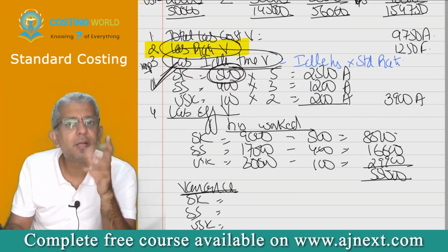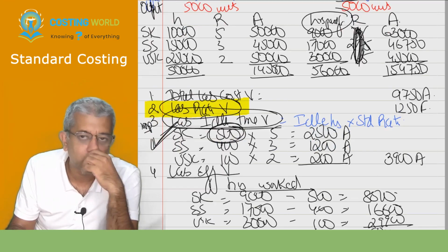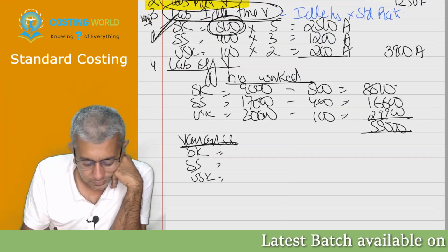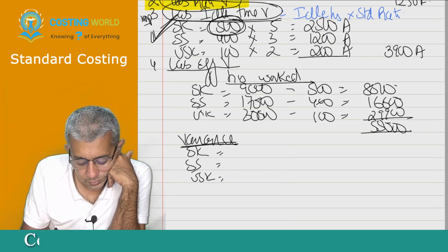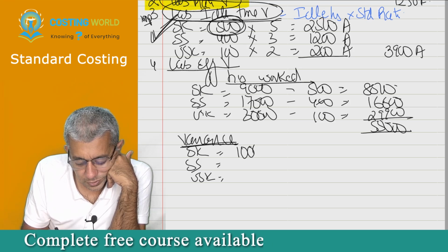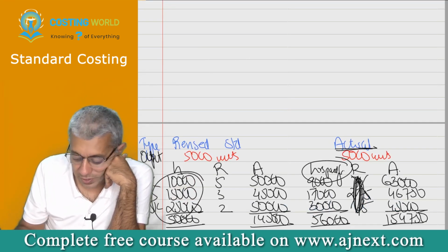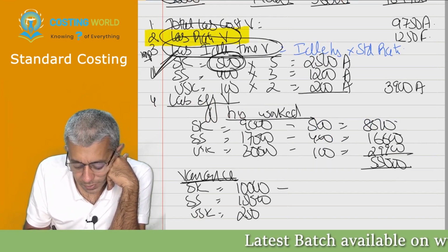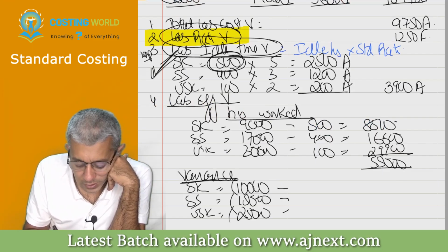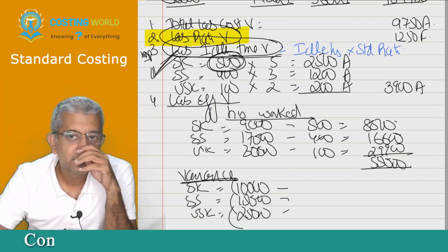So now it is your normal efficiency variance. You all tell me for skilled workers, it will be what minus what into what? 10,000, that is how many hours workers should have taken. So 10,000, 15,000, 25,000 minus. Can we say now we are going to be taking hours worked, no? Yes, sir.